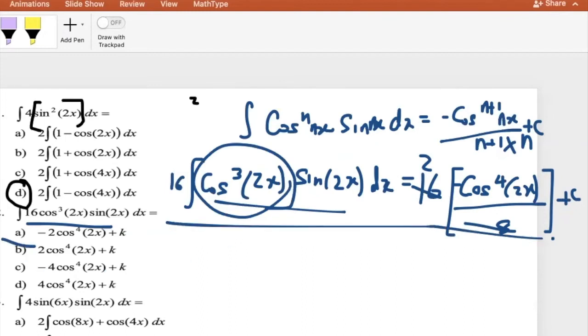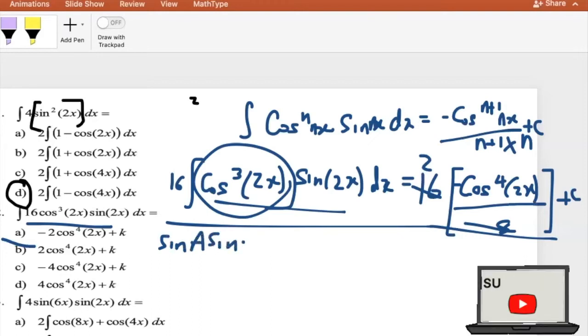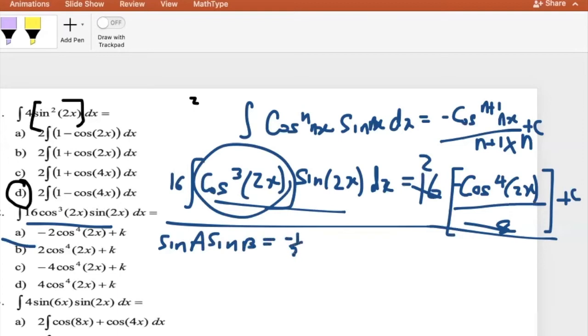The last one, I can use the identity where sine A sine B is equal to minus a half (cos(A plus B) minus cos(A minus B)). In this case, my A is 6x and my B is 2x.